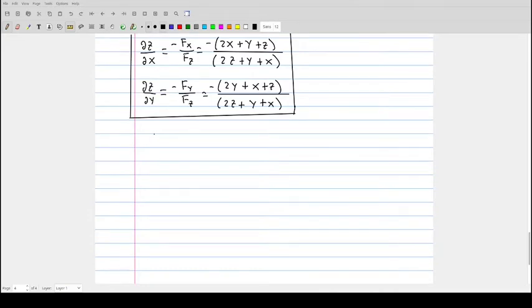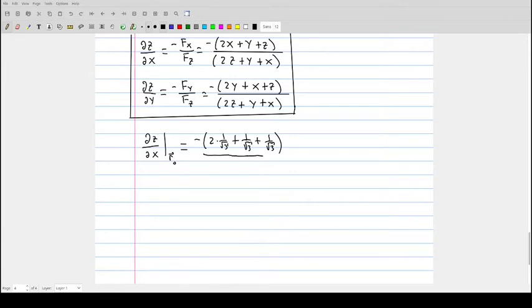So dz dx at the point r0 is going to be negative 2 times 1 over the square root of 3 plus 1 over the square root of 3 plus 1 over the square root of 3.